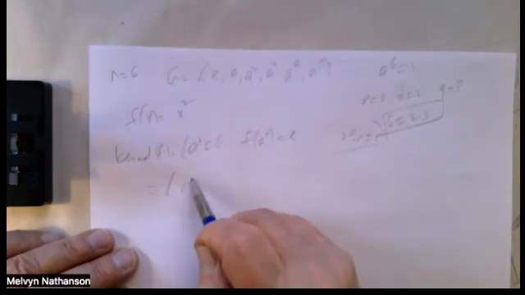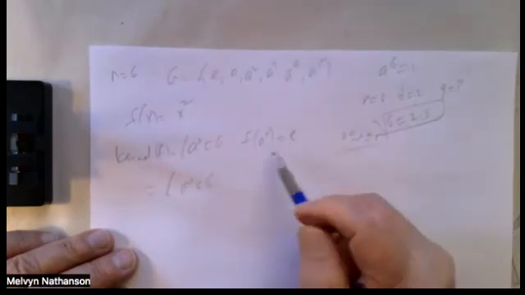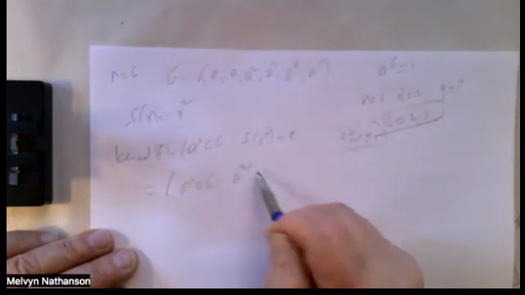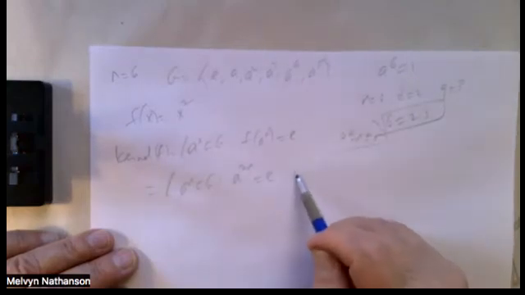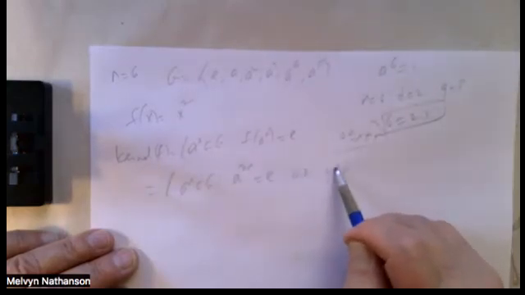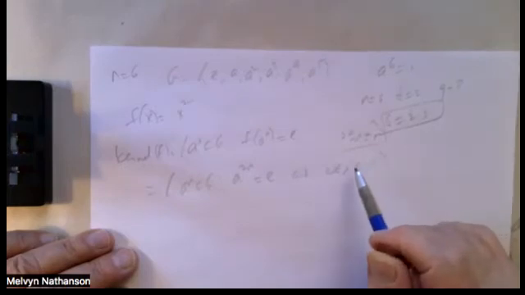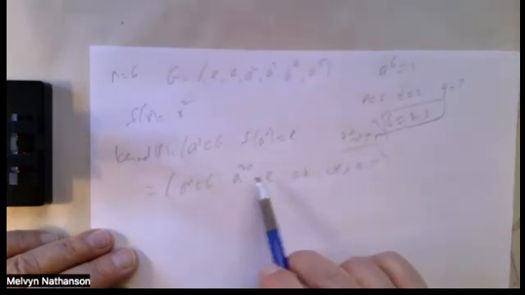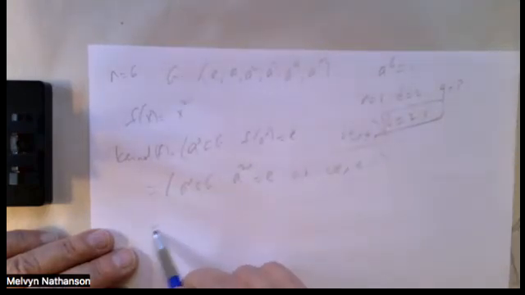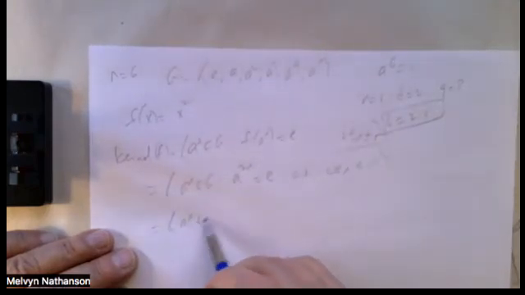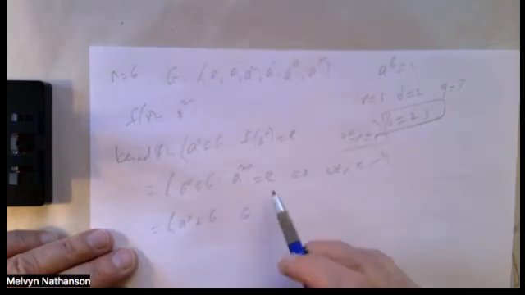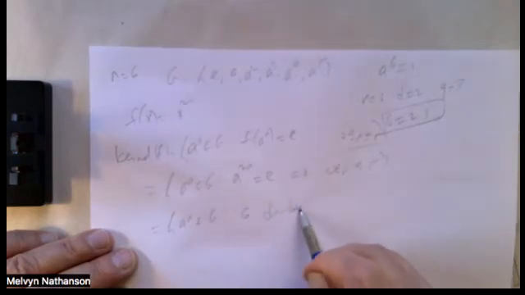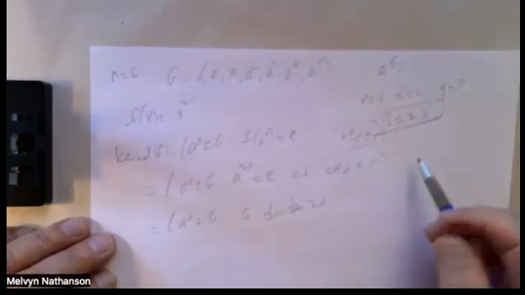So this is all a to the i in G, such that a to the 2i is the identity, and i is between 0 and 5. But the powers of a that are the identity are the powers divisible by 6. This is all a to the i in G, such that 6 divides 2i.